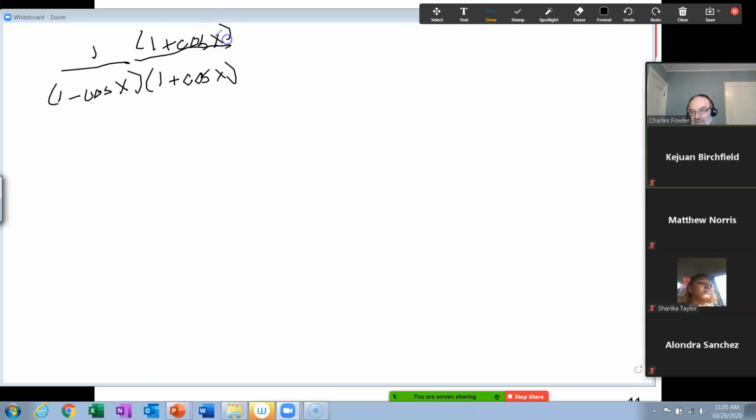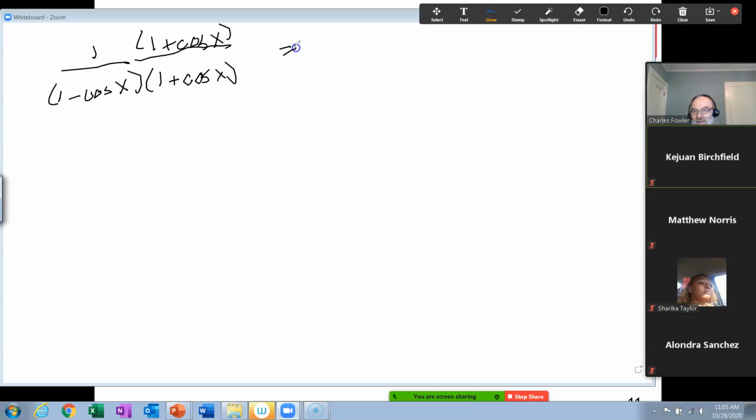Why? Because 1 plus cosine x over 1 plus cosine x is 1. Okay? Same thing. Numerator over denominator is 1, so you haven't changed the value, just the way it looks.